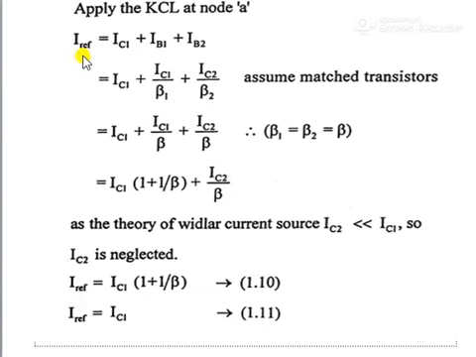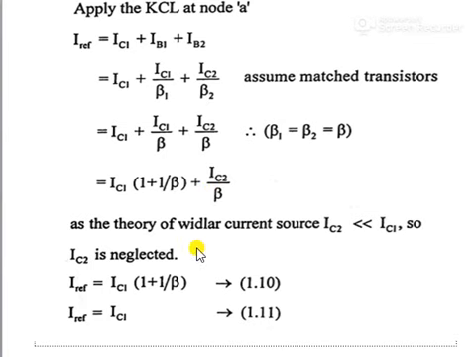Expressing IB1 as IC1 by beta 1 and IB2 as IC2 by beta 2, this is equal to IC1 plus IC1 by beta plus IC2 by beta. Since the two transistors are identical, beta 1 is equal to beta 2 equal to beta. Therefore, IC1 into 1 plus 1 by beta, plus IC2 by beta.